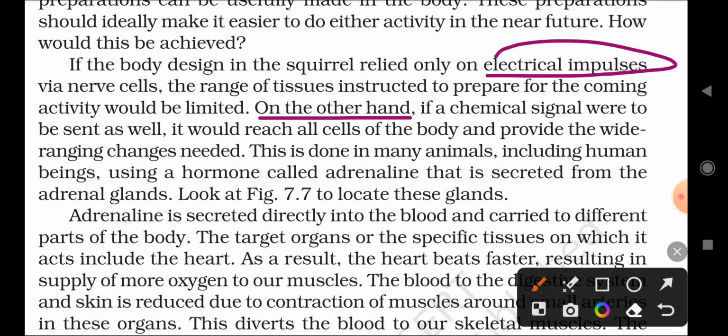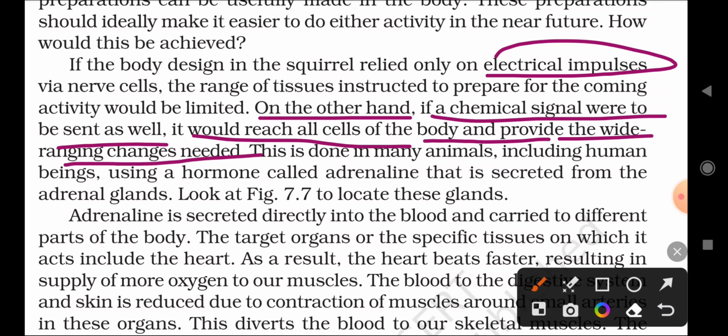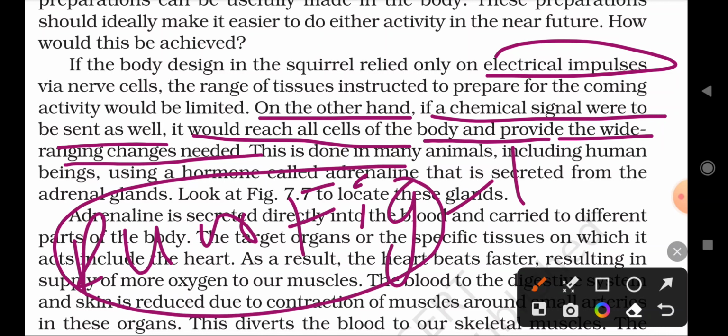On the other hand, if chemical signals were sent, they would reach all cells of the body and provide the wide-ranging changes needed. Okay, so the animal wants to run or fight, correct? In these situations, if these activities depend on the electrical impulse, the body does not have many options.